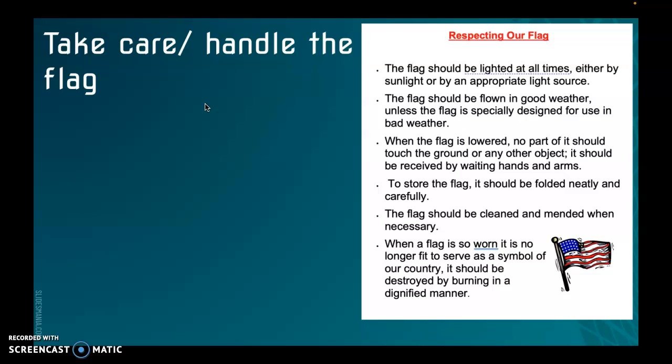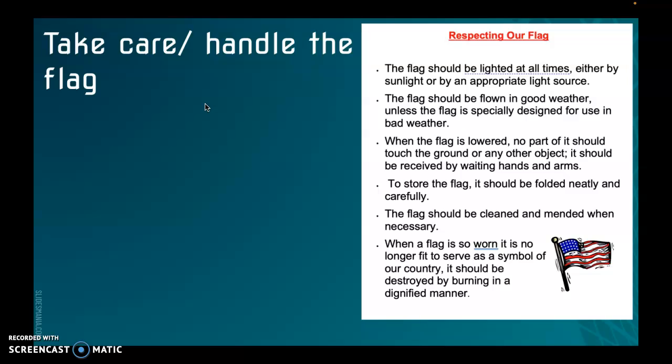Everyone say neatly and carefully. How should it be stored again? Neatly and carefully. The flag should be clean and mended when necessary. When a flag is so worn, it is no longer fit to serve as a symbol of our country. It should be destroyed by burning in a dignified manner.